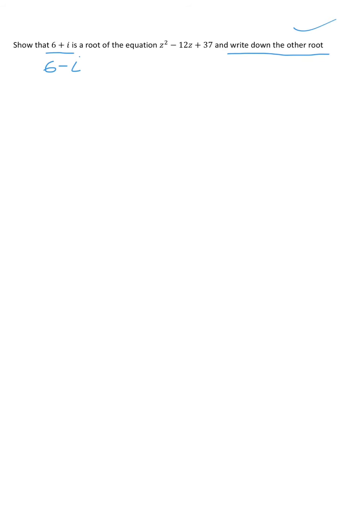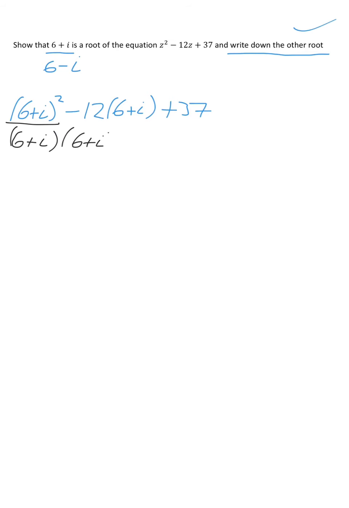Okay, now to show that 6 plus i is a root of z squared minus 12z plus 37, all you have to do is substitute in 6 plus i instead of z. So I'm going to have 6 plus i all squared, minus 12 times 6 plus i, plus 37. Okay, so I'm going to expand this first. So that would be 6 plus i times 6 plus i.